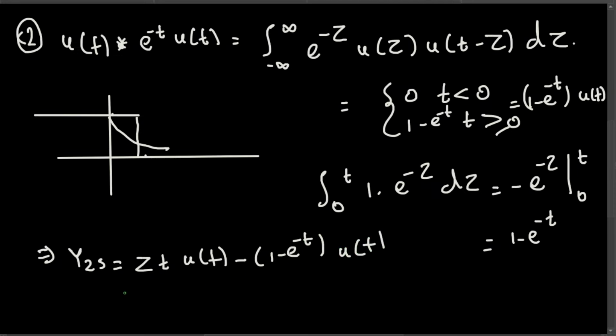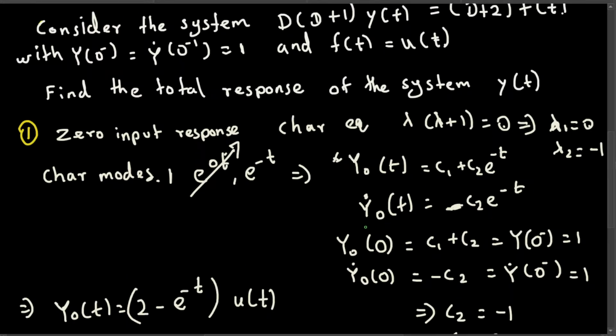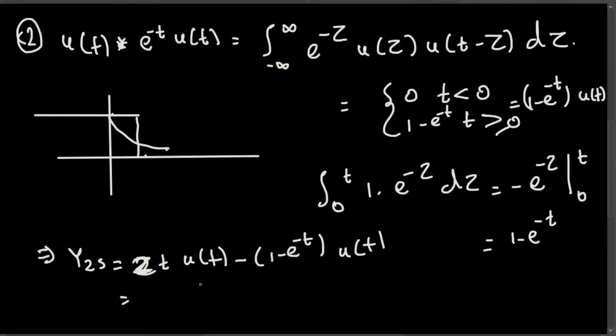And if we simplify this one, it's 2t minus 1 plus e power negative t, times u of t. So that's the zero state response.